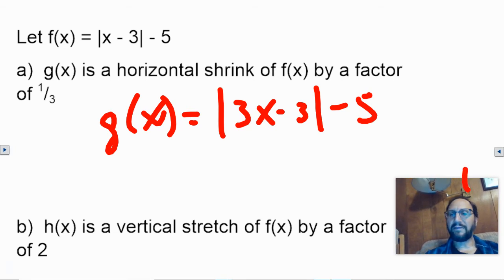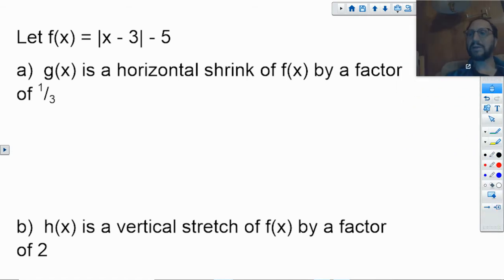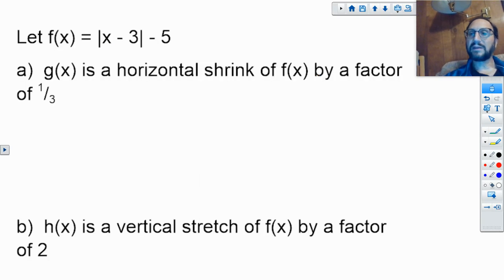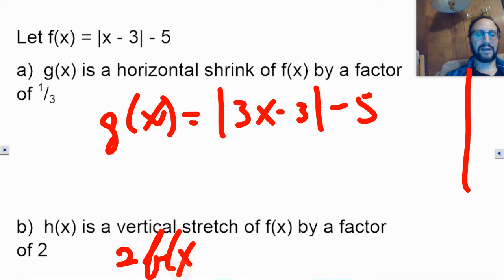Vertical stretches by a factor of, I can't see what's underneath. A silly picture. I don't know if I want that there or not, but what happened? Let's go back to that and put that back in. The vertical stretch of f of x by a factor of 2. So that's like 2 of f of x.